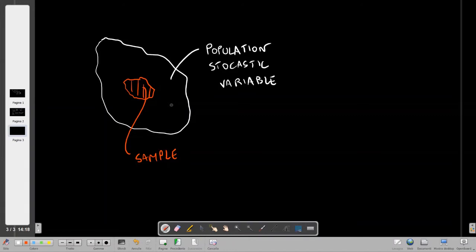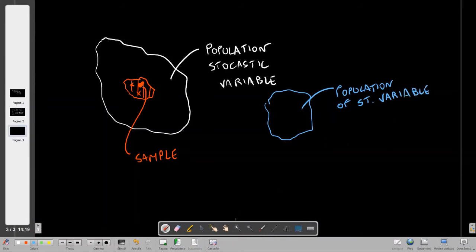But on the other hand, the sample is made of a series of realizations of the same stochastic variable. Indeed, we can have also another population of stochastic variable.